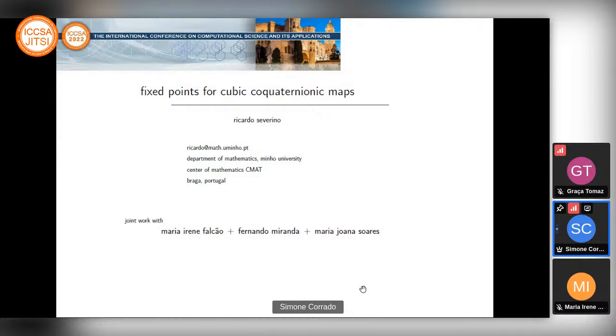This is a joint work with Maria Irene Falcão, Fernando Miranda, and Maria Joana Soares, and I would like to begin this talk by saying that this is probably the most interesting topic of this century in mathematics.